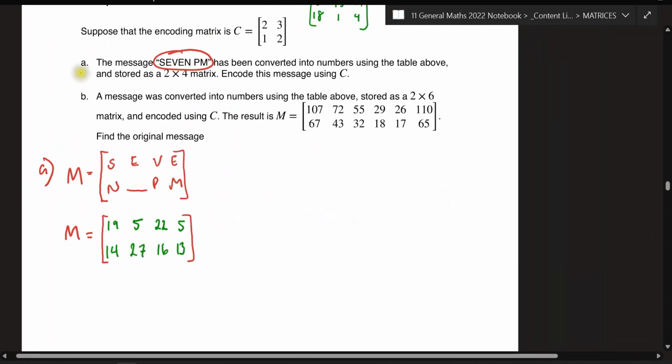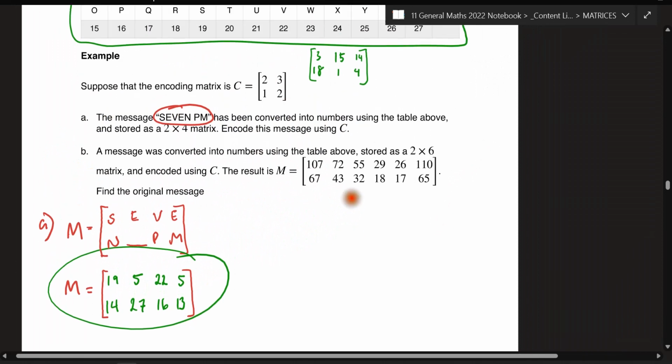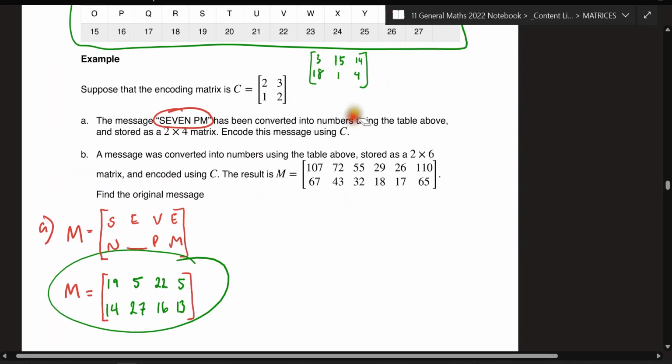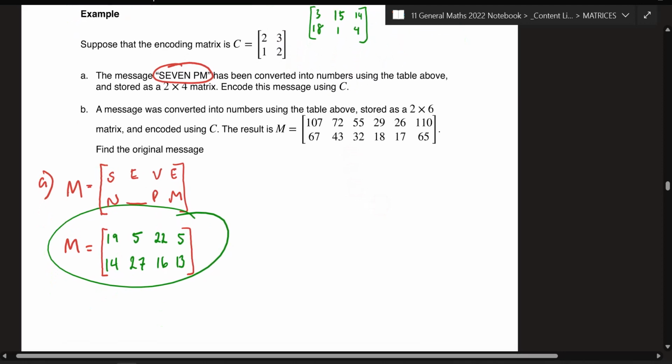Now the question for part A is we need to encode this message using matrix C. So what this is asking us to do, like I mentioned with this name matrix, is multiply them together. The encoded version is going to be C times M, because I've got to encode the message.